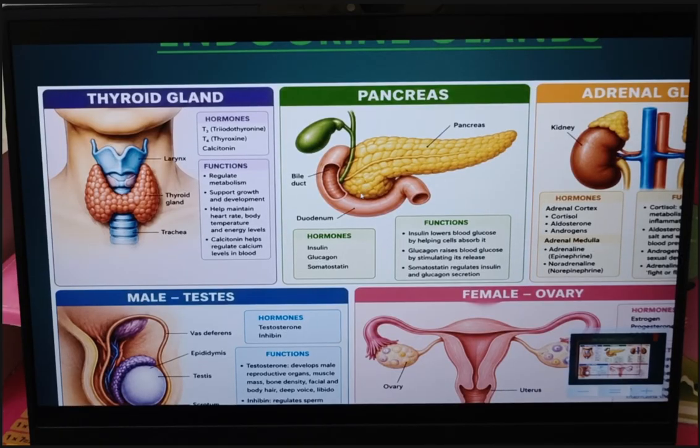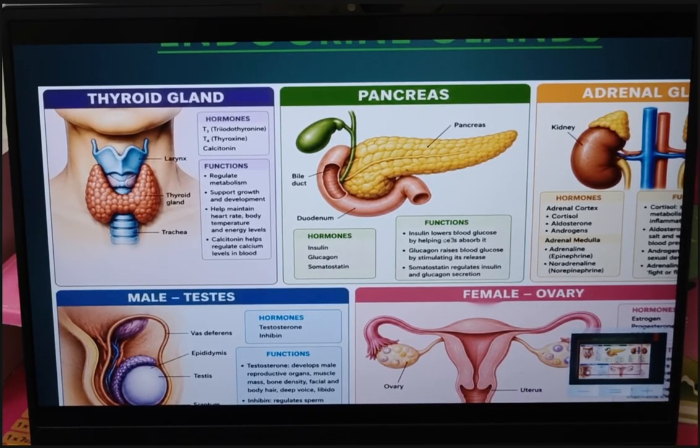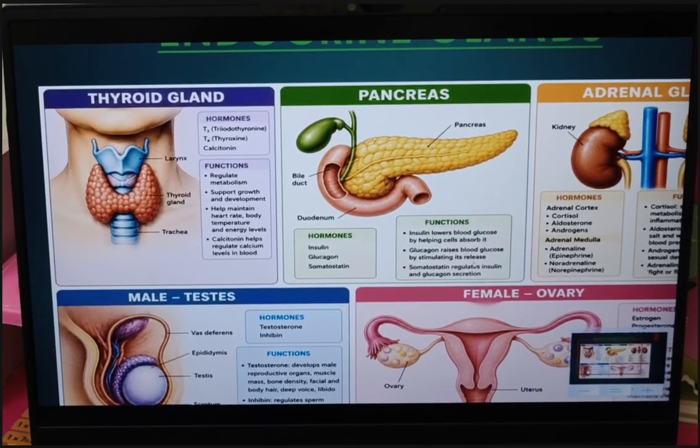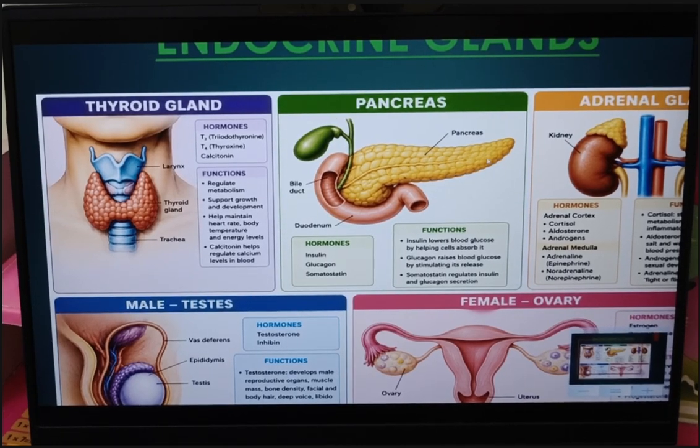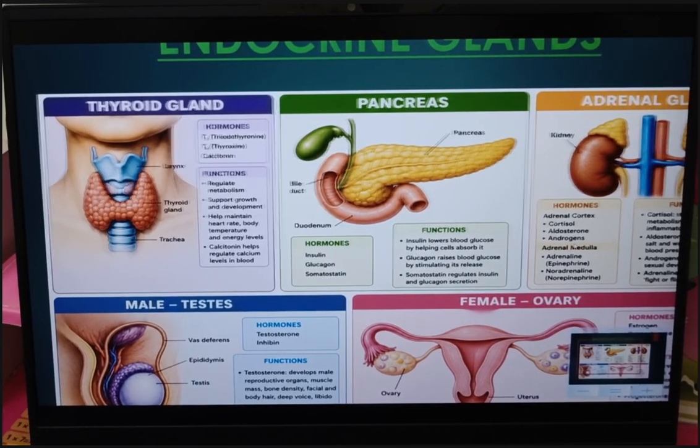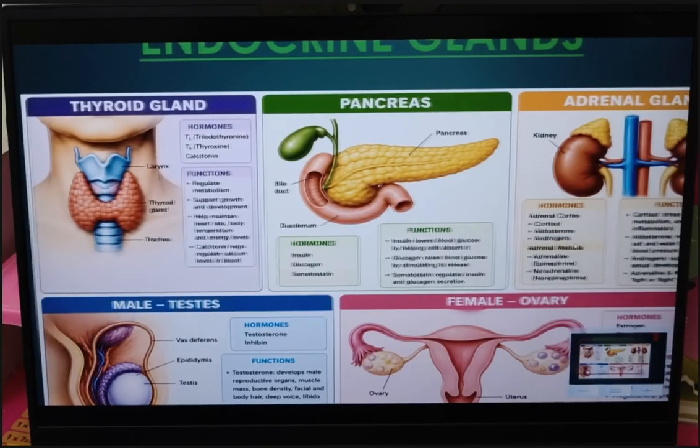The hormones secreted by the pancreas are insulin and glucagon. Insulin lowers your blood sugar level, whereas glucagon raises your blood sugar level. The pancreas is also called a dual gland because it helps in the secretion of hormones as well as enzyme production.